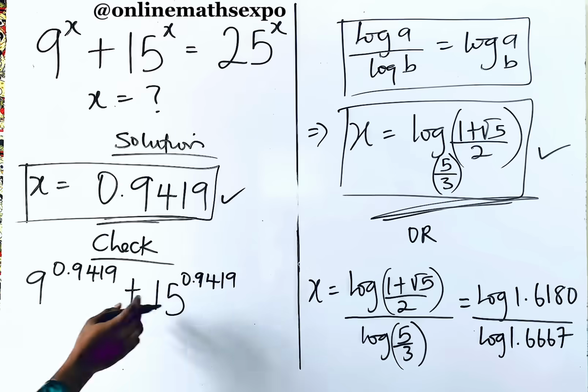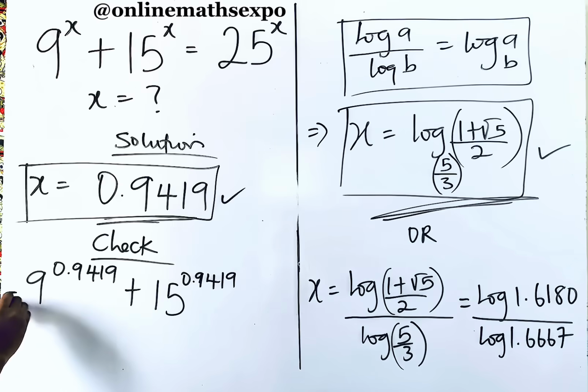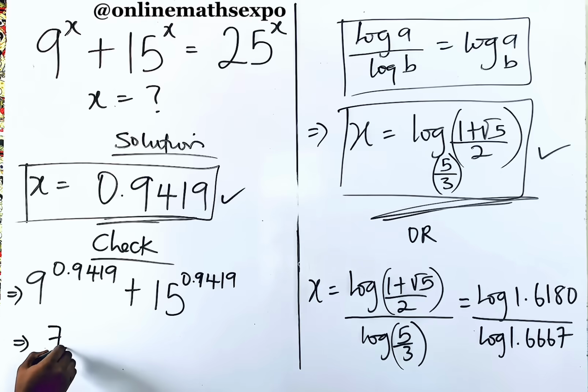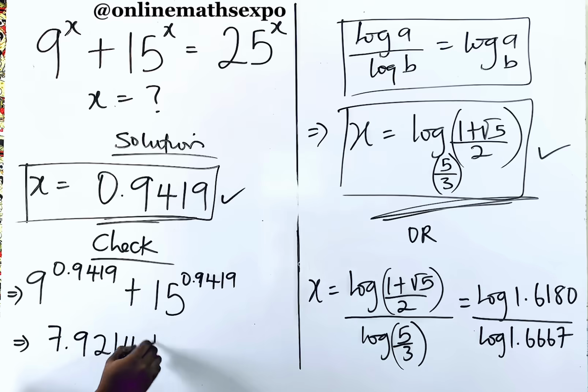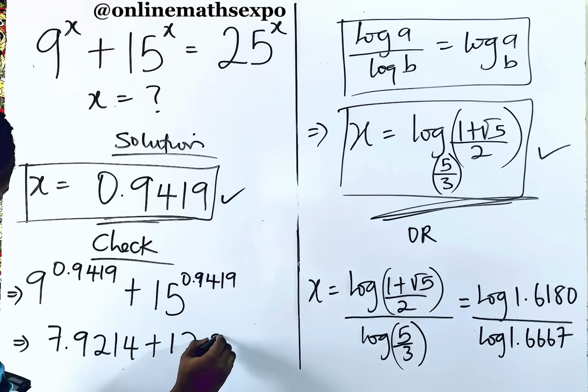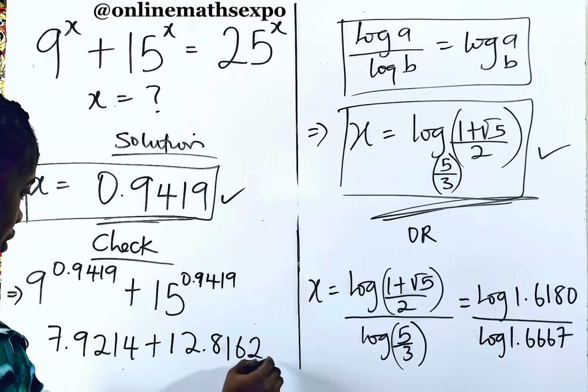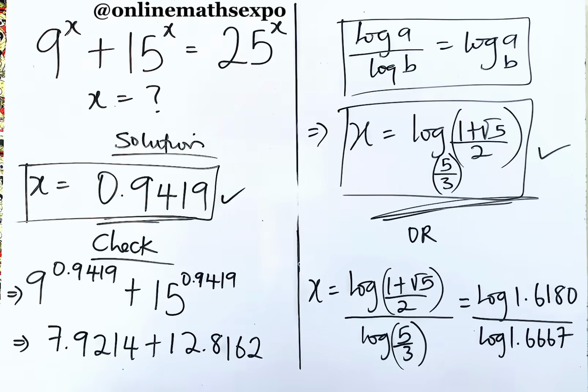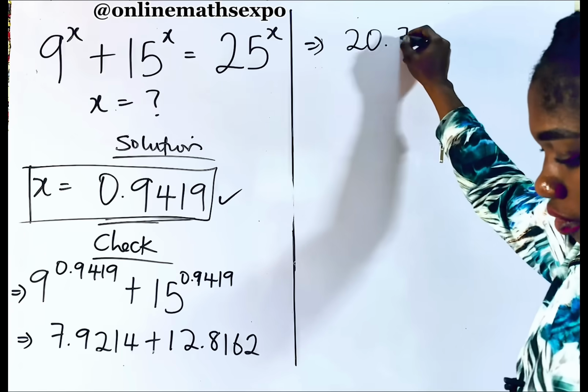Now key this into the calculator. This will give us 7.9214. Then key this, we are going to have 12.8162. So add these two together, we have 20.74 approximately, okay?